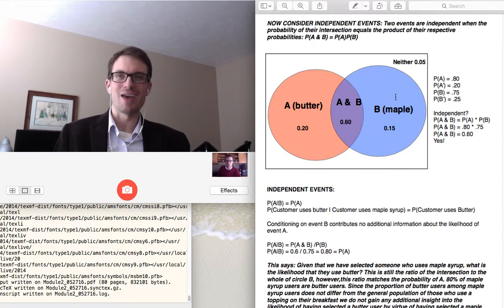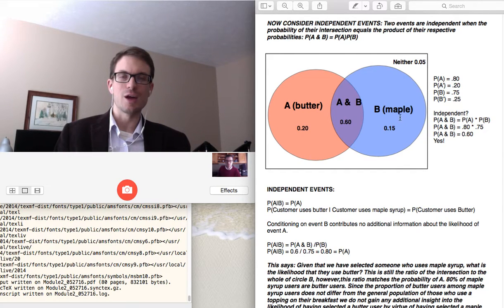Now clearly I had to select new numbers to make this happen. So the probability of event A is 0.8, the probability of event B is 0.75. The probability of the complement of event A is 0.2, and the probability of the complement of event B is 0.25. You can check and add those up for yourselves.